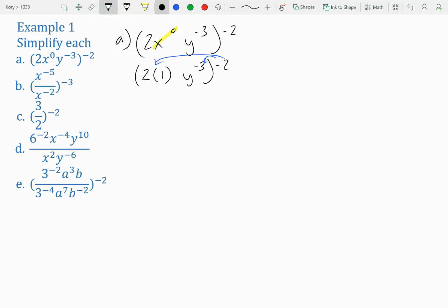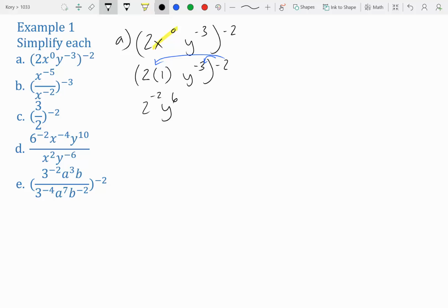So we have 2 times 1, which is just 2. So 2 to the power of negative 2. And then y to the power of negative 3 times the power of negative 2 gives us y to the power of 6. See how it changes positive? That's why we don't flip it until the end, because we have a positive exponent that comes from that.